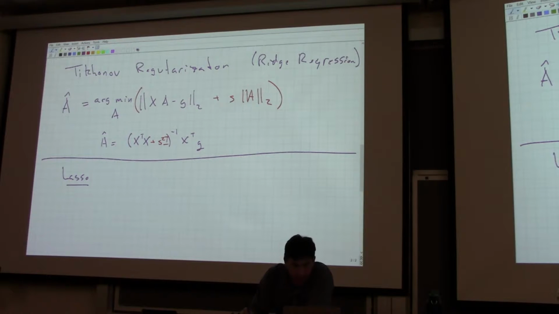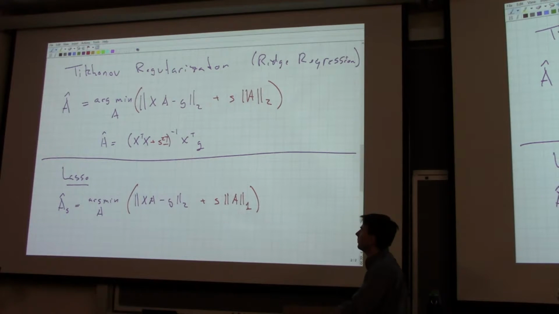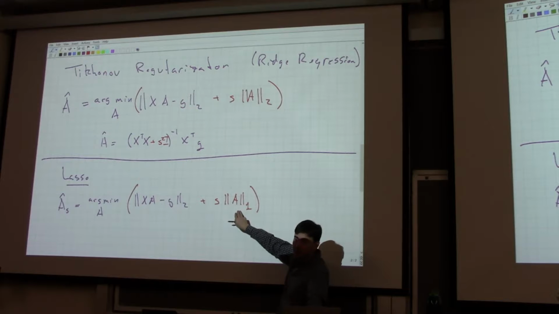So I will call this A hat s, which is going to be the argmin over A. This part is the same, but now instead of minimizing with respect to the 2 norm, I'm using the 1 norm here.